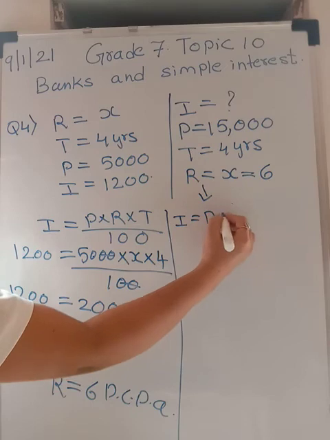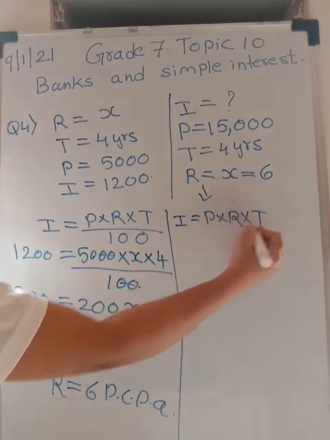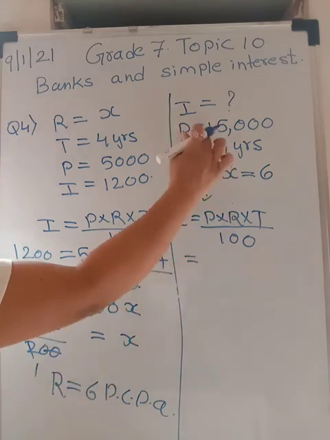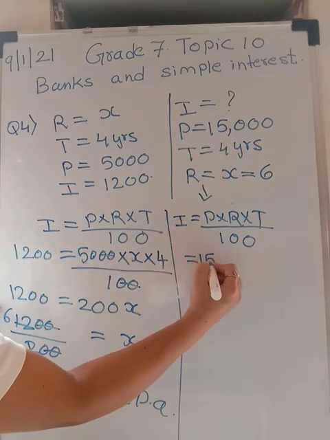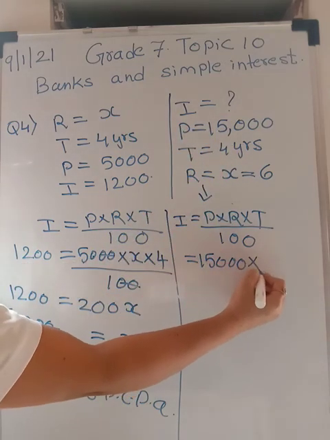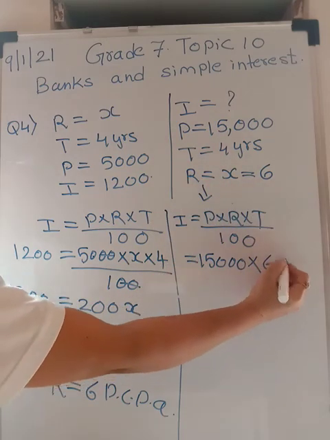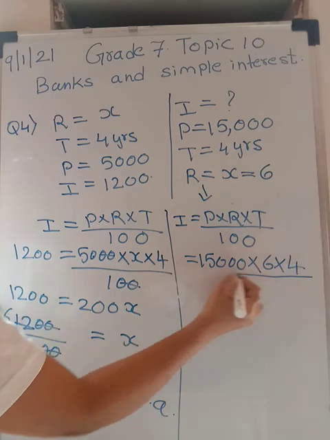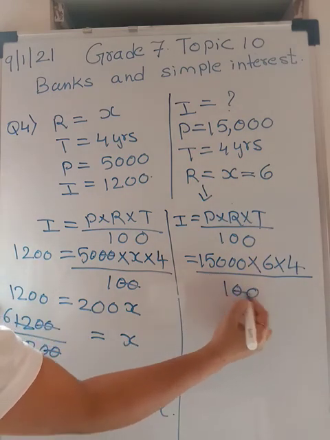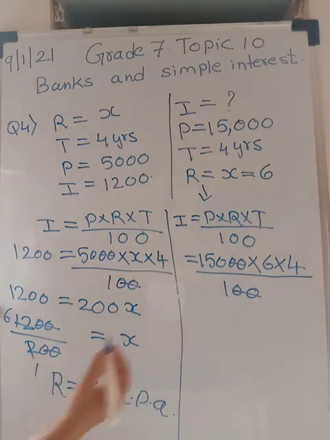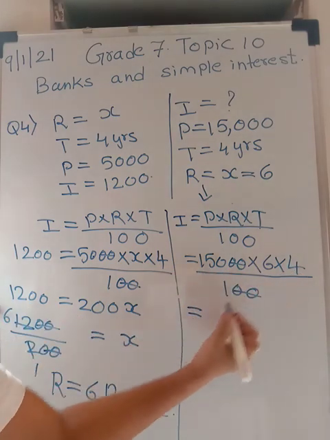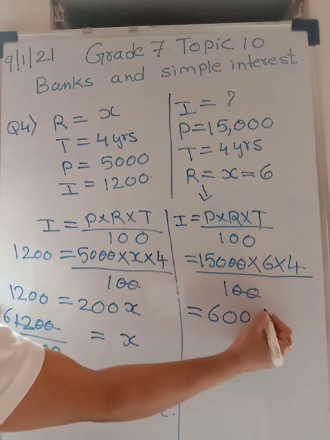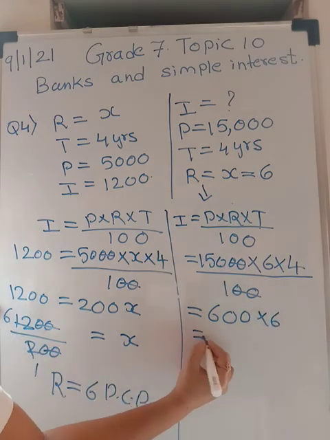I is equal to P into R into T upon 100. So what is principal now? Principal is 15,000. Rate is now 6. Same period, so same 4 years upon 100. 2 zeros, 2 zeros. So we have 15 fours are 60. This 0 as it is into 6. 6 6s are 36.